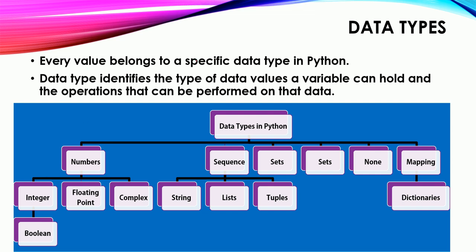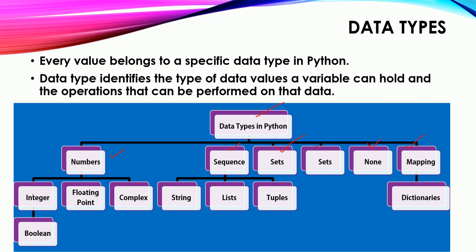So every value belongs to a specific data type in Python. A data type identifies the type of data values a variable can hold and the operations that can be performed on that data type. Let's see the data types in Python. What are the different data types? One is number, sequence, sets, None, and mapping.